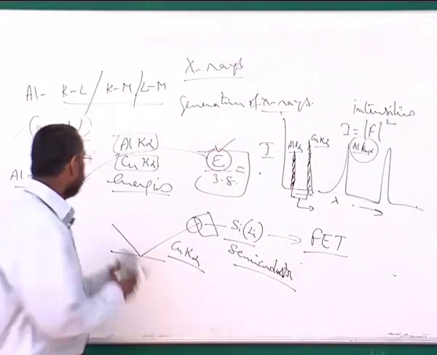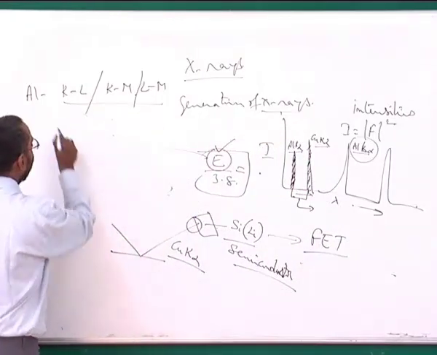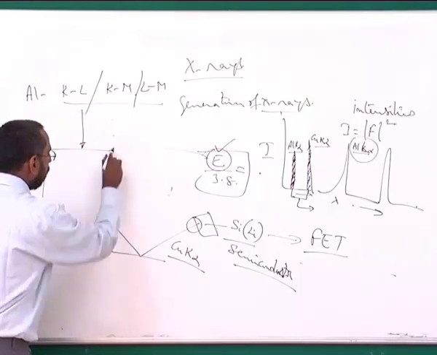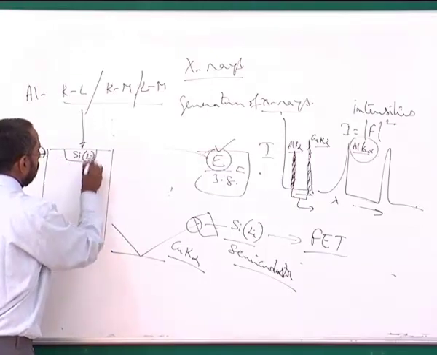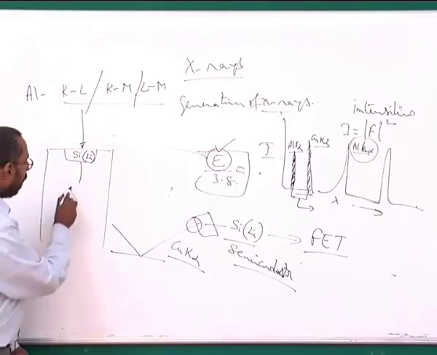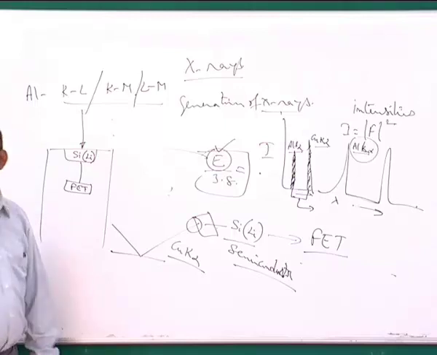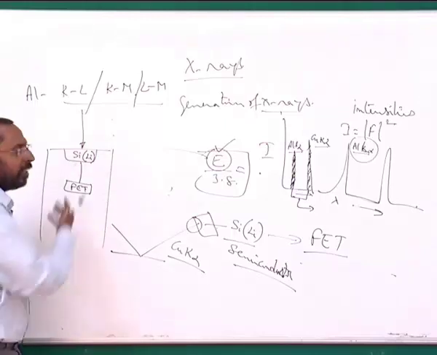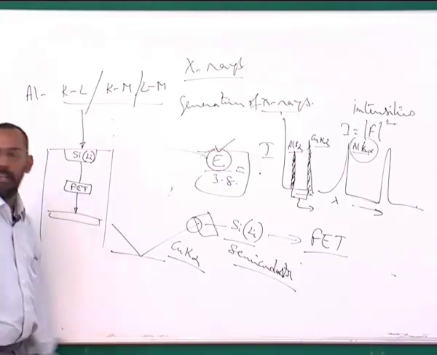Usually this system looks something like this: you have X-rays that are coming into your detector system, where you have a silicon lithium crystal, and from this you have electron hole pairs that are generated, and you have another kind of field effect transistor which will amplify the signal that is coming out, and this is finally detected by your detector and measured.